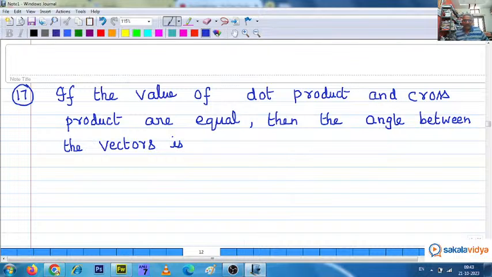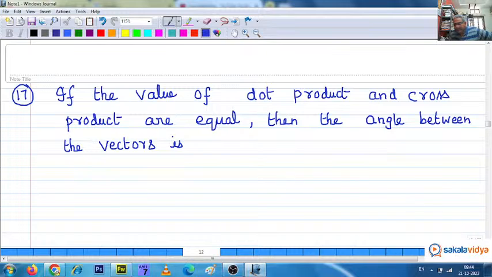I will give a few minutes to think about this problem for a while. If the value of dot product and cross product are equal, then what will be the angle between the two vectors?